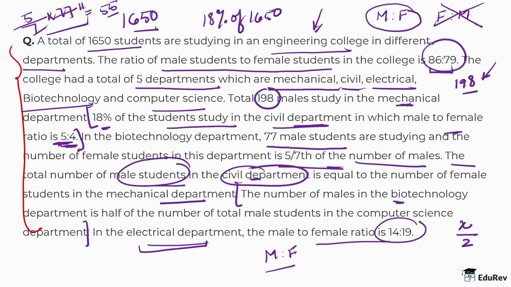You can do the calculations and formulate the data in a tabular form as I've explained, or you can simply use a rough paper and write the data in any form you want. But because the data is a lot, since we have 5 departments, and in each department we need to figure out the total number of students, males and females, I think a tabular form of data analysis would be very easy.